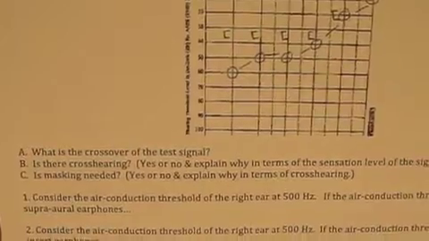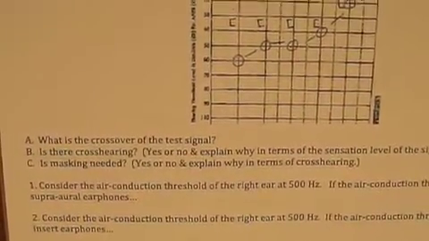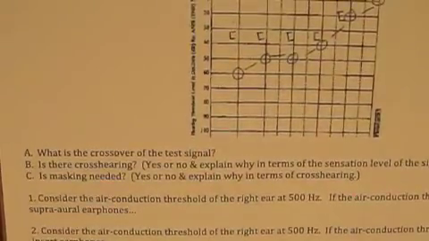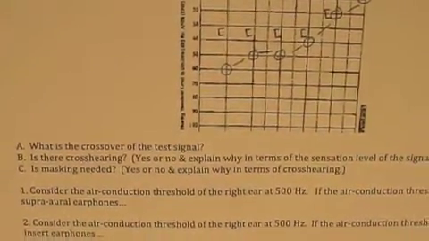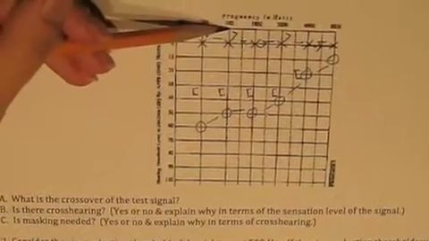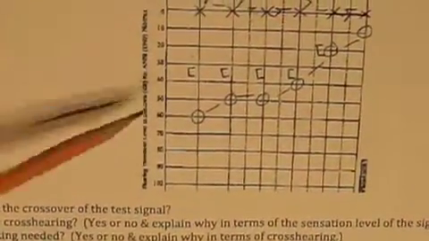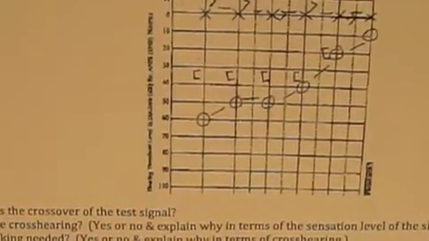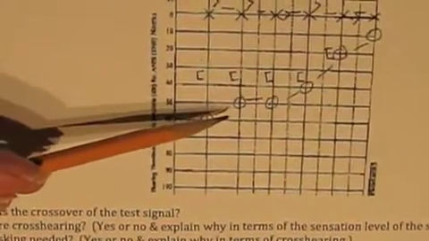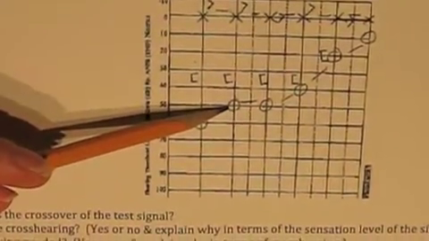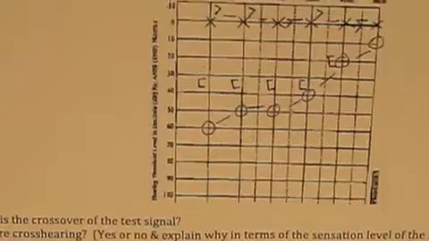So first I say consider the air conduction threshold of the right ear at 500 Hertz. If the threshold was obtained using supraoral phones, first, let's look and see at 500 Hertz, the air conduction threshold of the right ear is 50 dBHL. So if that was obtained using supraoral phones, we know that the intraoral attenuation is 40 dBHL.